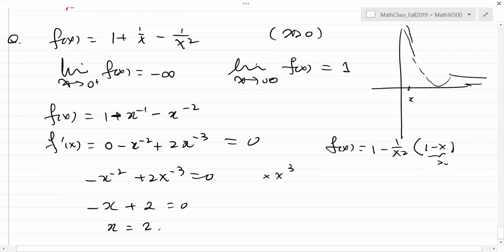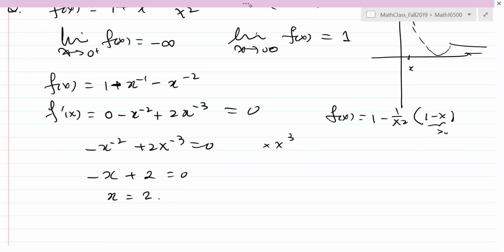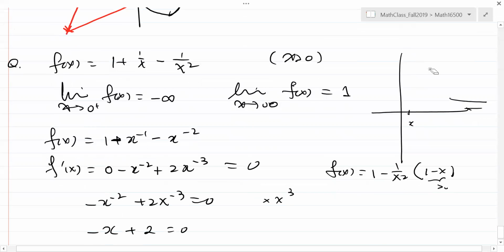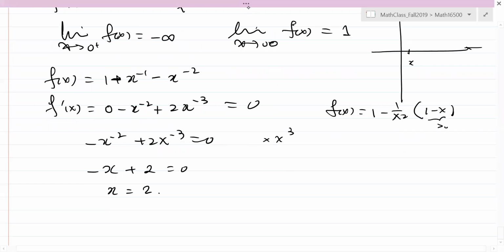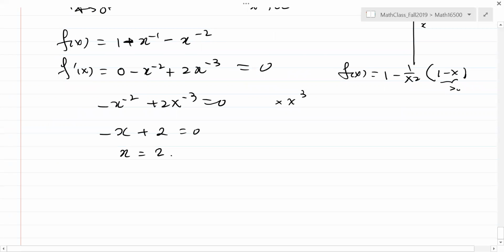When x equals 2, the derivative is 0. Does the function have a local maximum or local minimum value at this point?